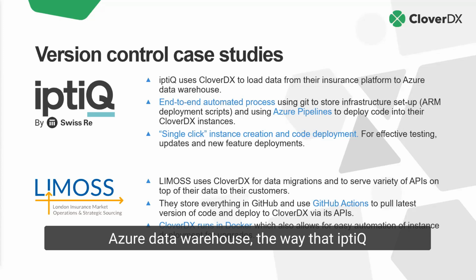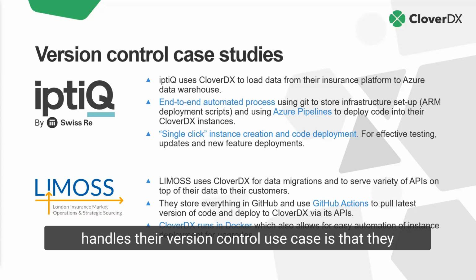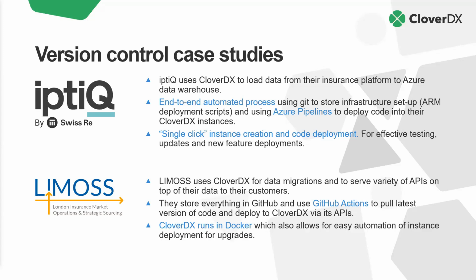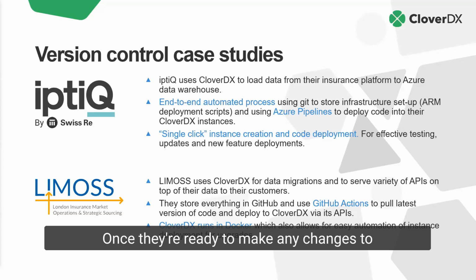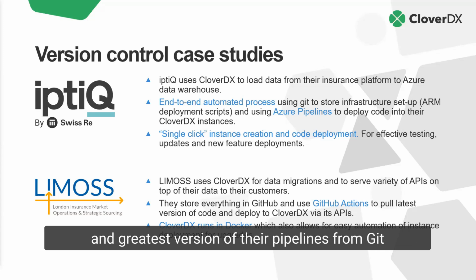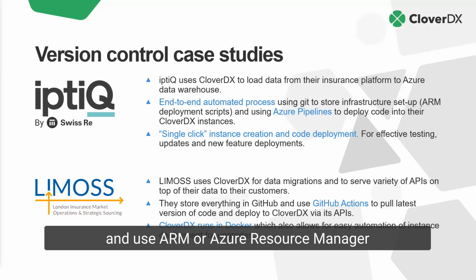The way that iptiQ handles their version control use case is that they store everything in a Git repository. Once they're ready to make any changes to their production environment, they actually pull the latest and greatest version of their pipelines from Git and use ARM, or Azure Resource Manager, to create and manage CloverDX instances.